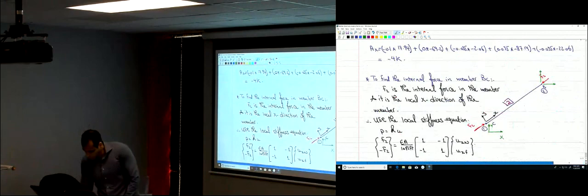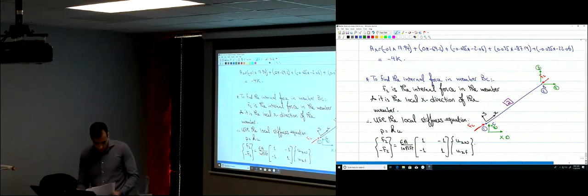Those were 1 and 2, and those were 7 and 8. That one in the 1 was 17.94 divided by EA, and 2 was negative 69.2 divided by EA.